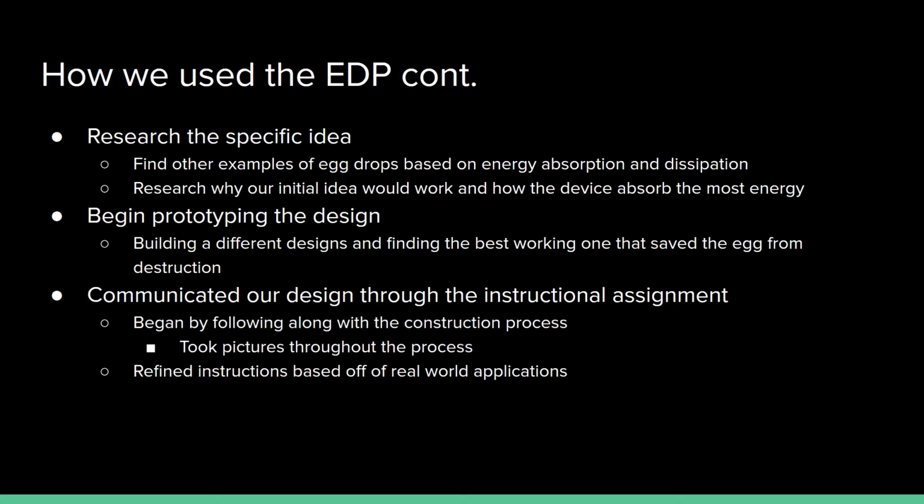We did that by following along the construction process, and I took pictures of each step of the construction phase. Then we built the instructions as a team, and we refined the instructions based off of real-world applications and physics.